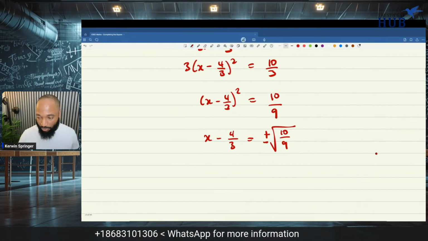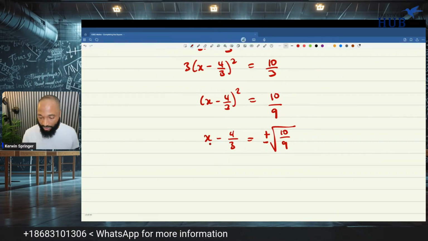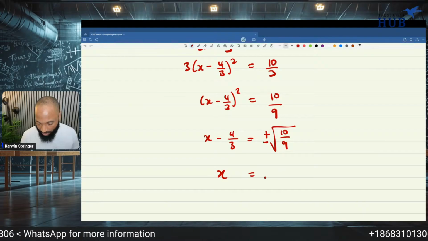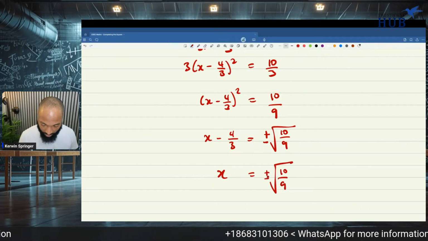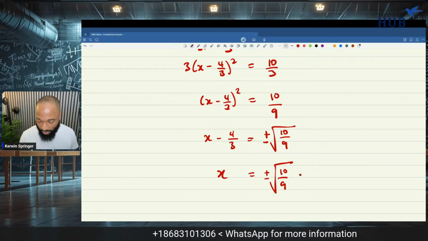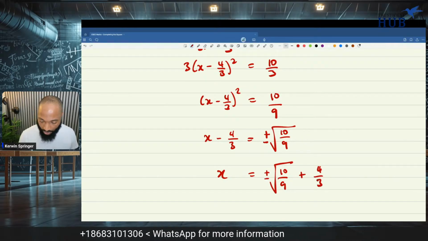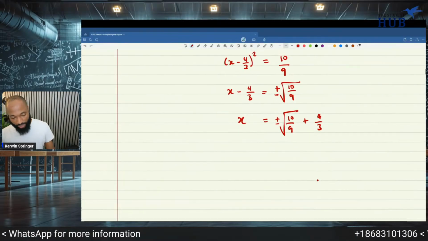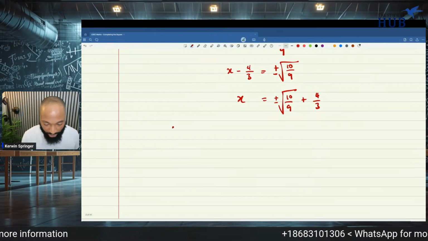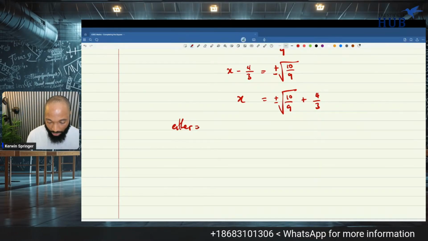Then the final step would be to carry over the 4 over 3, which is subtracting, so we add it back here. Now, on our calculator, we'll get two answers when you plug this in. Try it on your calculator and tell me what you get, class.